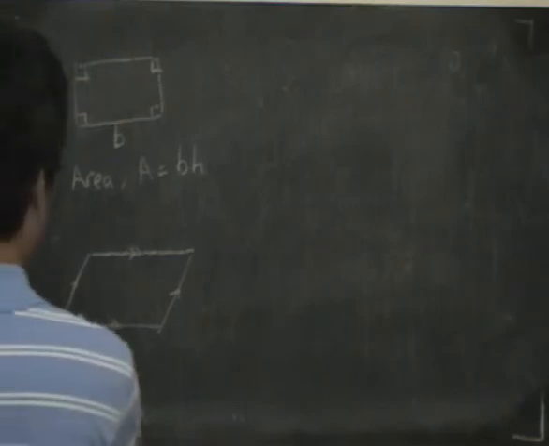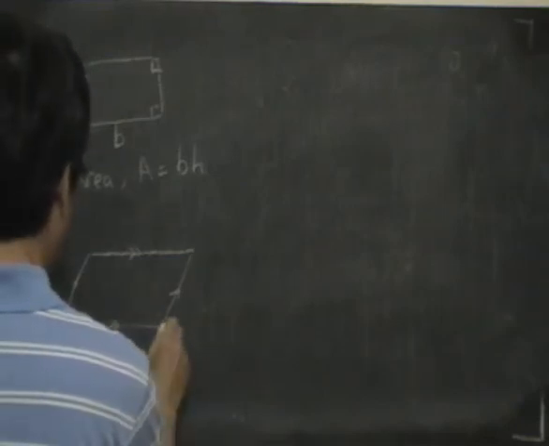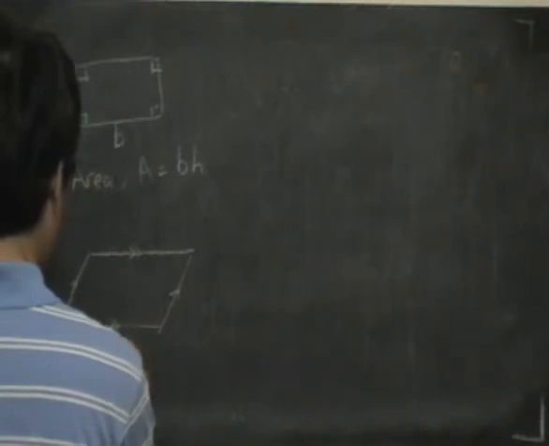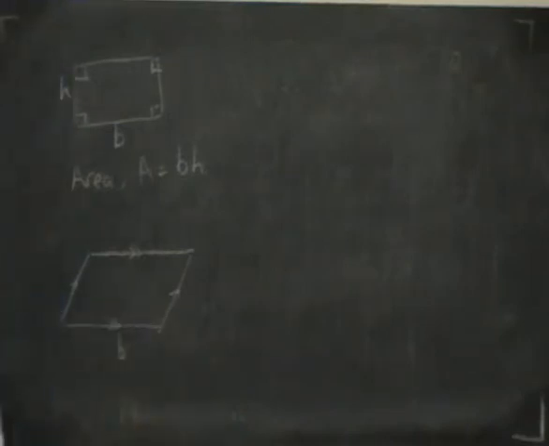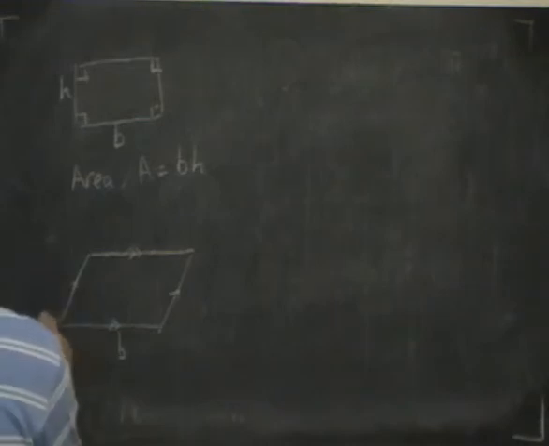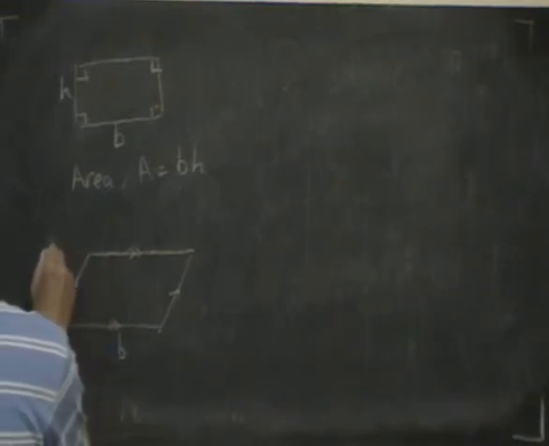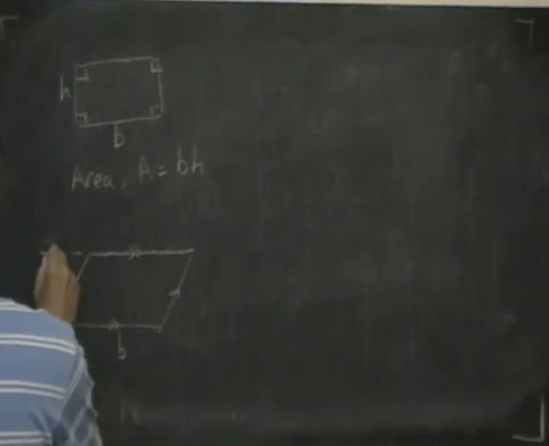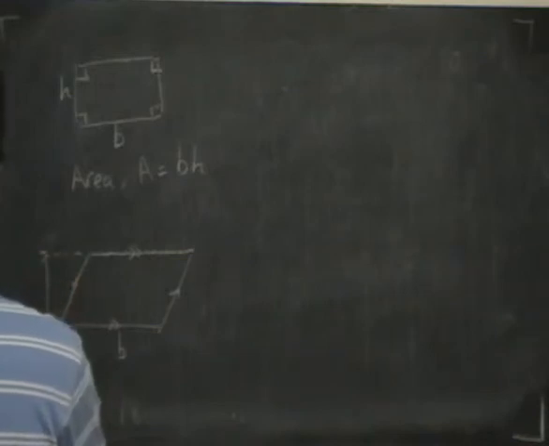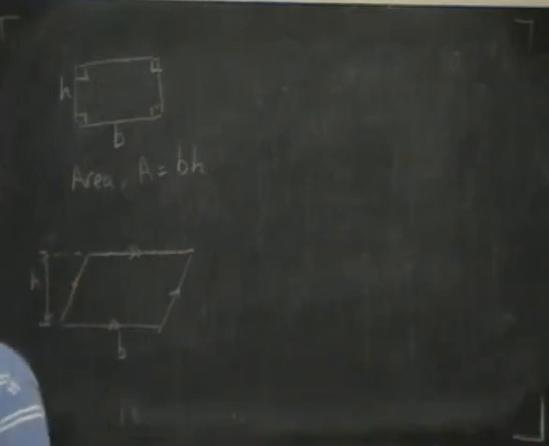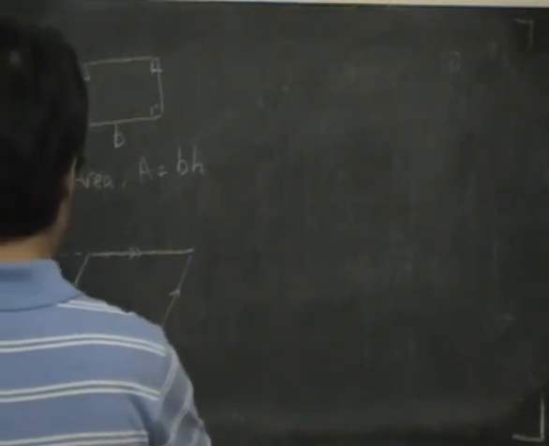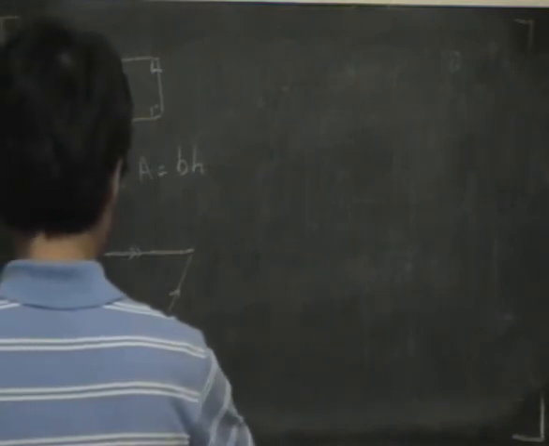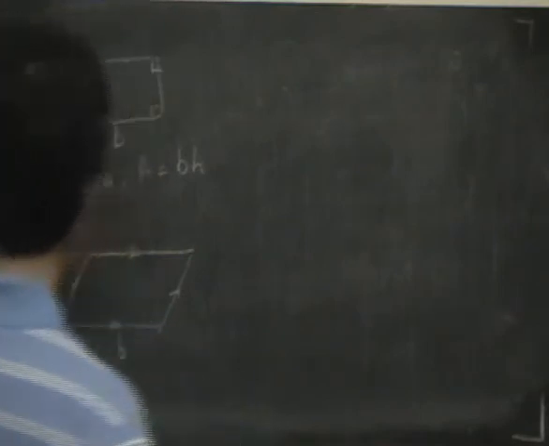Well, if the base here is b, the length of the base is b, and the height of this parallelogram is h, then the area is also equal to b times the height.